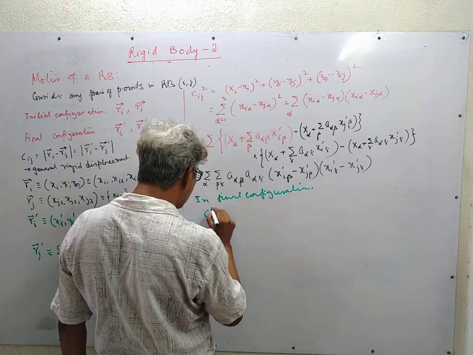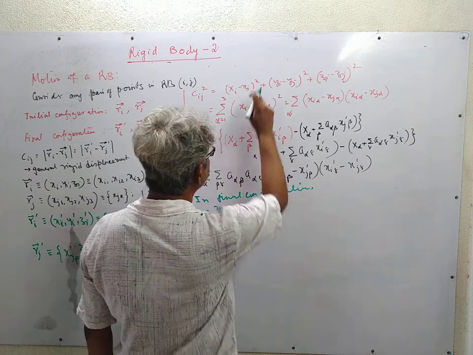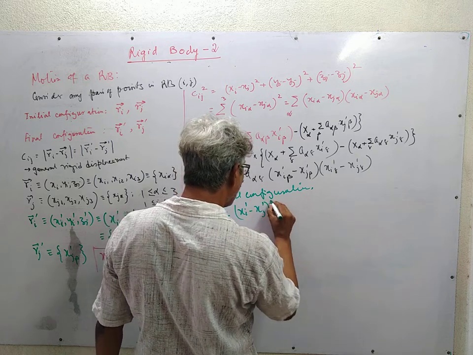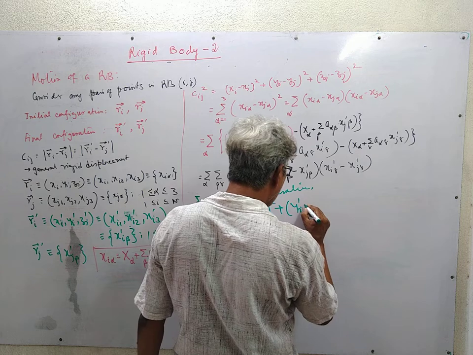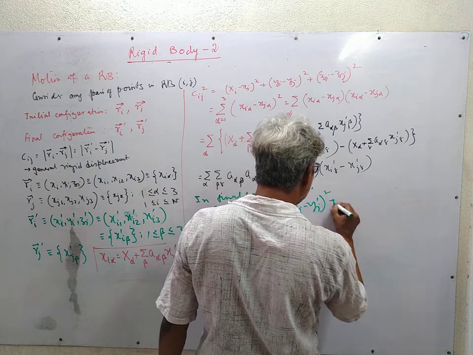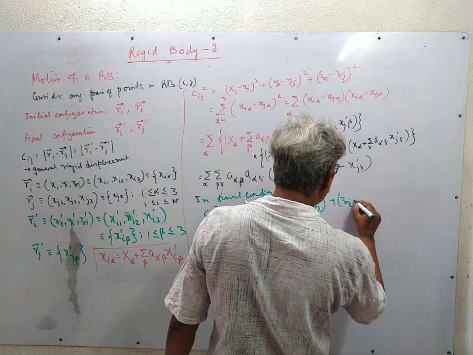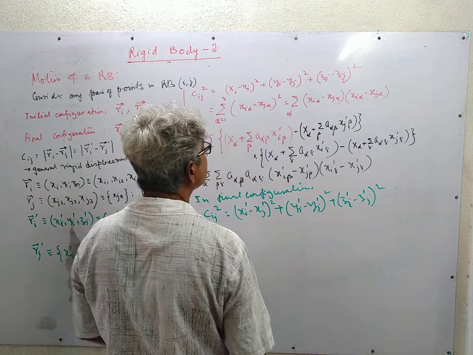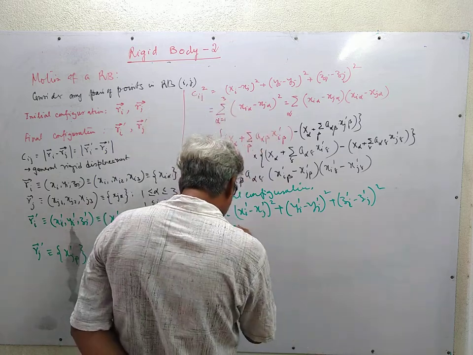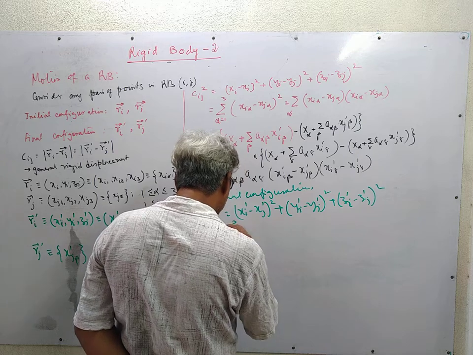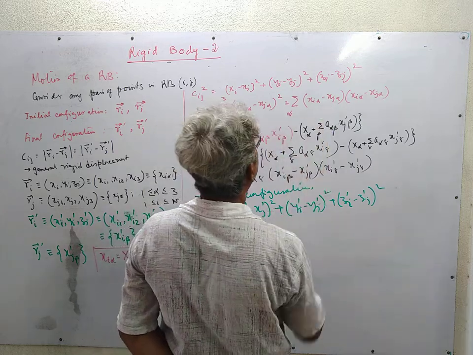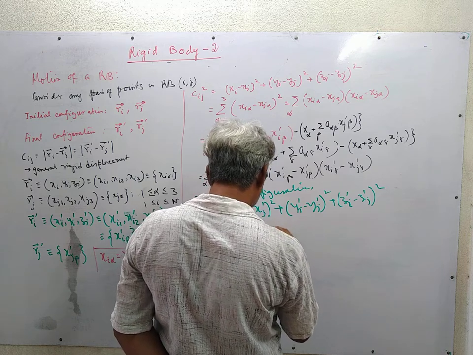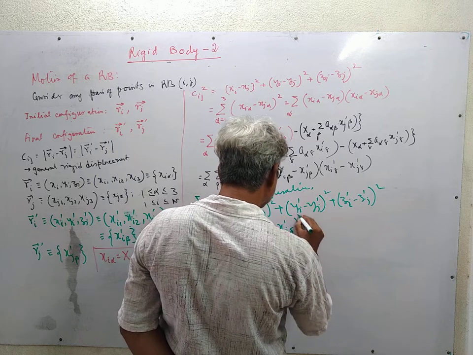If we write it in the final configuration, it would be xi prime minus xj prime square plus yi prime minus yj prime square plus zi prime minus zj prime square. So this would be the sum over delta equal to 1 to 3 of (xi delta prime minus xj delta prime) square.